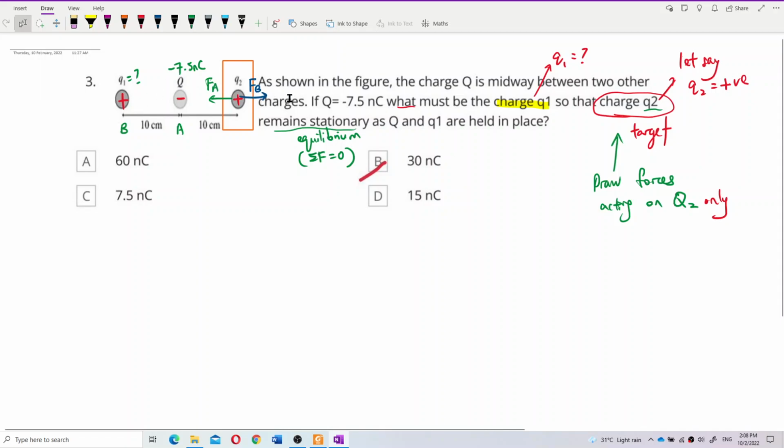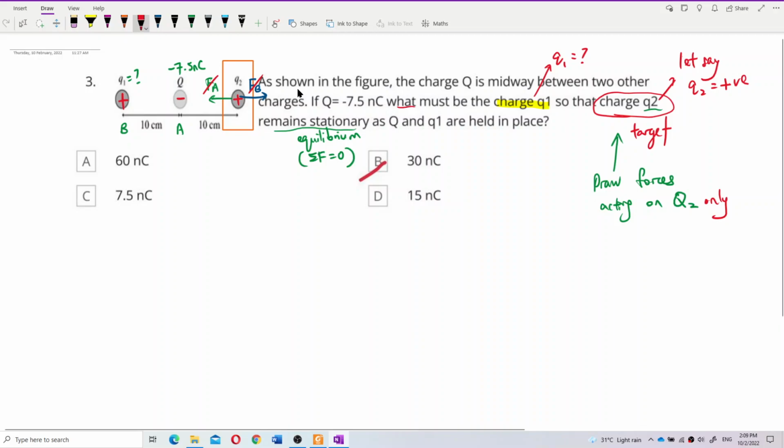So force FB is to the right, and just now FA was to the left. So they can cancel each other. Understand? So that the resultant force, I can say FB is positive, with the direction going to the right.